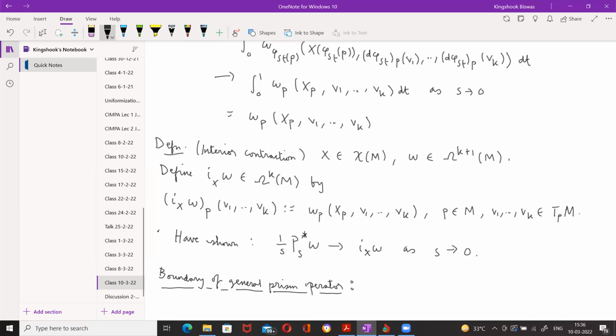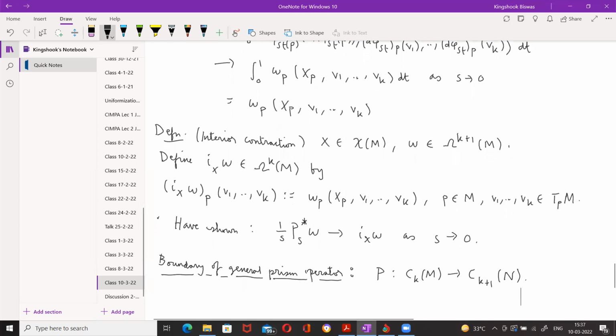So we have P going from C_k(M) to C_{k+1}(N). Okay.